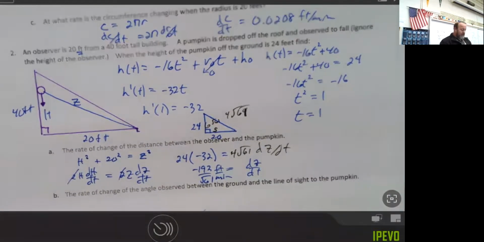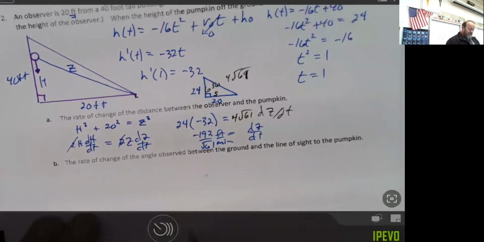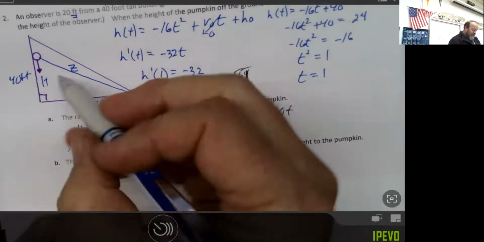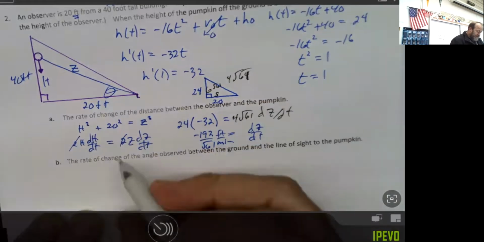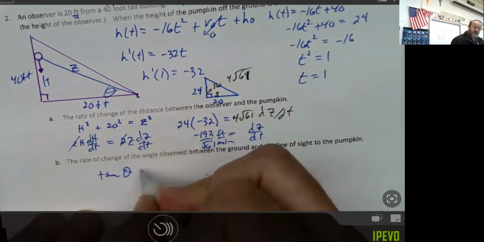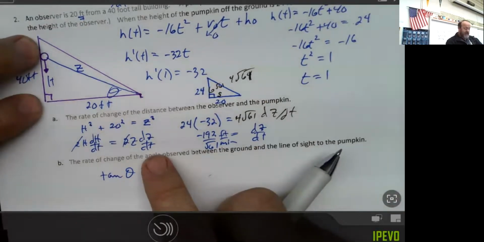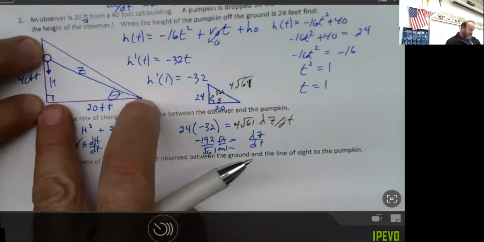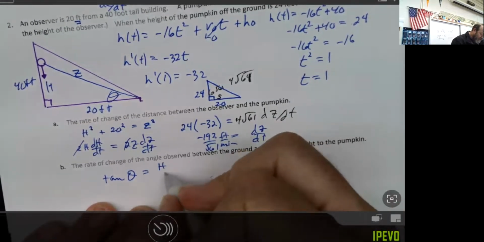Now, when we get to the last little piece, I wanted to find the rate of change of the angle. The angle right here, theta, between the observer and the pumpkin, isn't too bad, because if we thought about it as a tangent, which would make sense, I know a lot of information about this side, and it incorporates a constant, which makes life better. It would be the height over 20.